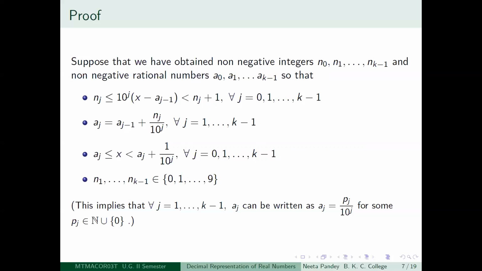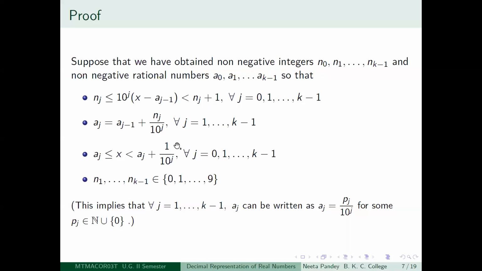The proof is similar to what you have done till now, and just as an observation I want to stress this fact about aj, which is recursively defined like this. According to our definition, aj will actually look like n0 plus n1 by 10 plus n2 by 10 squared plus n3 by 10 cubed plus etc., till nj by 10 to the power j.